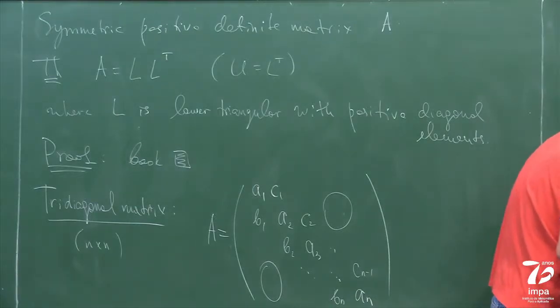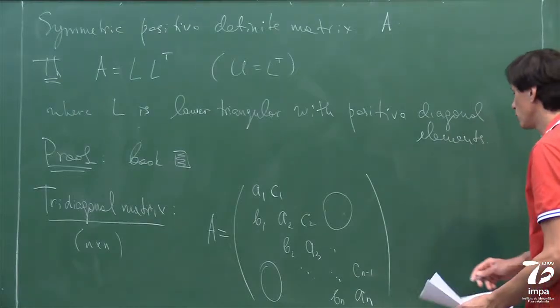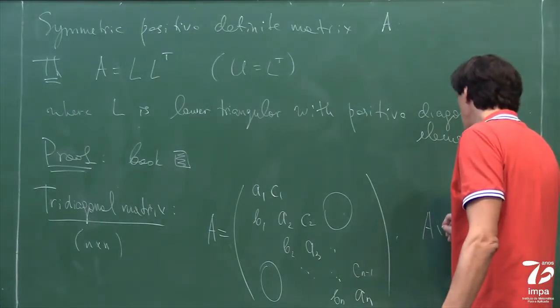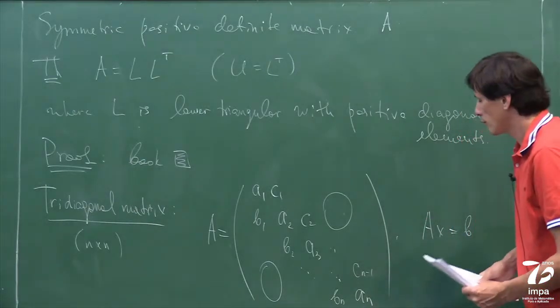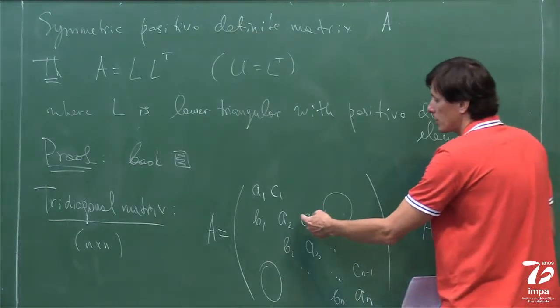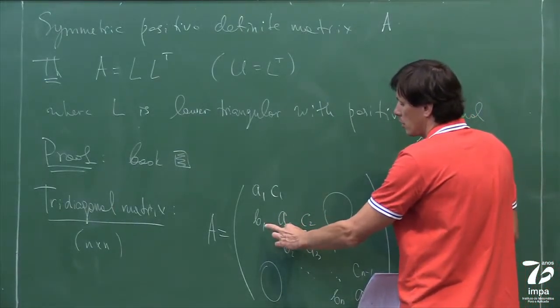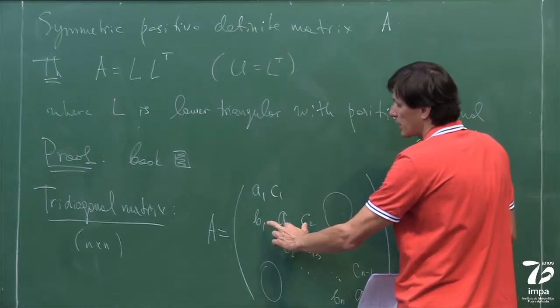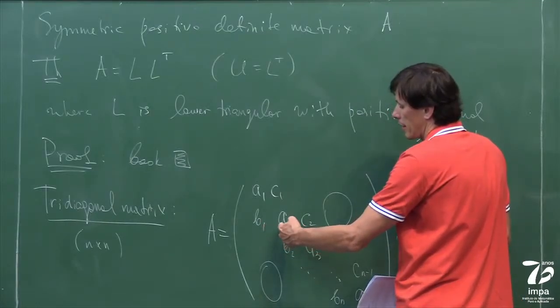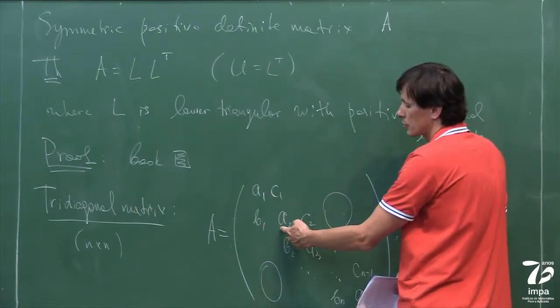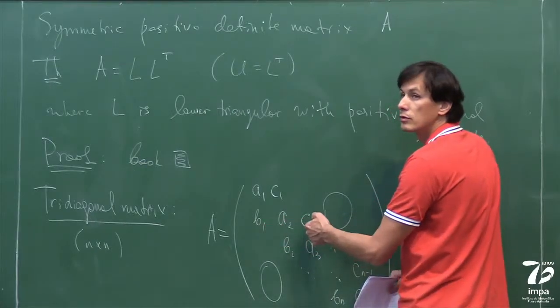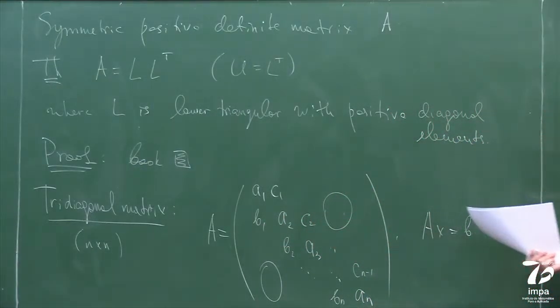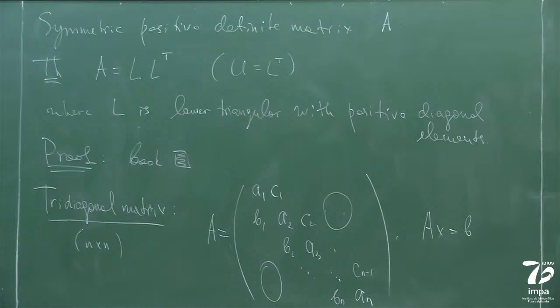relation. Because whenever you write the equation AX equal B, for each equation, this equation gives you a relation between the X component corresponding to this equation and two neighbors, neighbors on the left, neighbors on the right. So this is the meaning of three diagonal matrices.